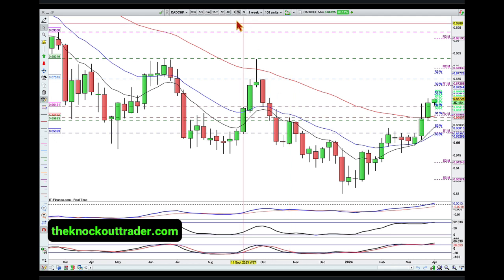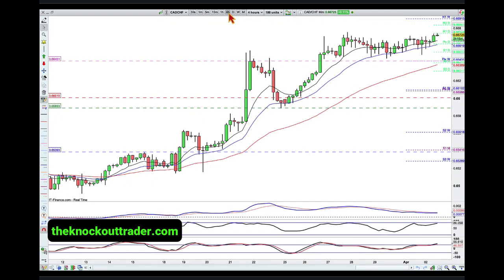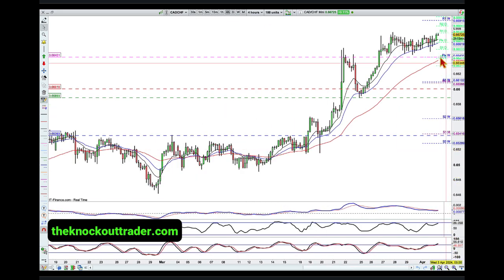So let me summarize what it is that I'm looking for in this fight. Quite similar to the fight with dollar Swiss, I am looking for this pullback into the level. Same idea, I'm looking to see signs that the buyers are coming back. Because we moved a lot, I'm being more careful.